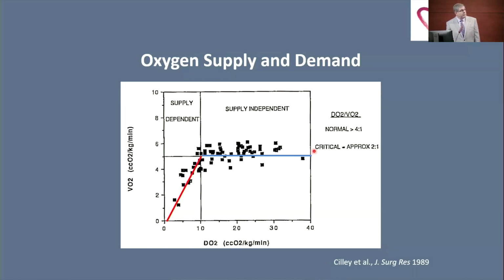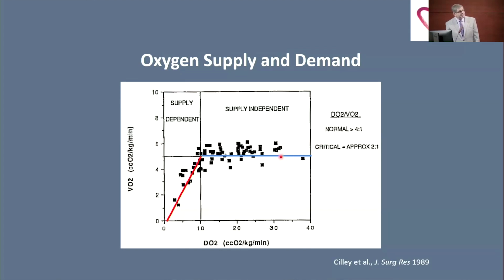And prior to bypass, at the pre-bypass state, when the patient is still waiting, they have luxurious oxygen delivery. And you can see that the ratio between oxygen delivery and oxygen uptake is pretty high, actually. It's greater than 4:1. So in this state, the uptake is definitely not supply dependent.